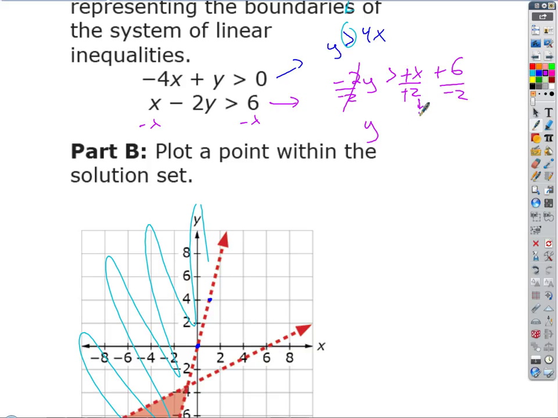So that's going to become a 1/2 x, and 6 over -2 is -3. Okay, but what's the inequality sign going to be? It's going to be less than. How come? Good, because I divided by a negative, right? When I divide both sides by a negative, I have to flip the sign, right? So we end up with y is less than 1/2 x minus 3, okay?